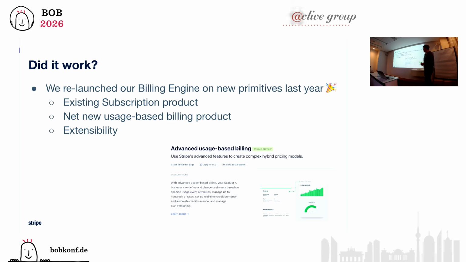And we also launched a net new usage-based billing product that is another subscription-like API, but under the hood reuses all the primitives we've abstracted. So we could build a completely new business line much faster than starting from scratch by using all these concepts that we had extracted. And then we got this extensibility that I mentioned for free.